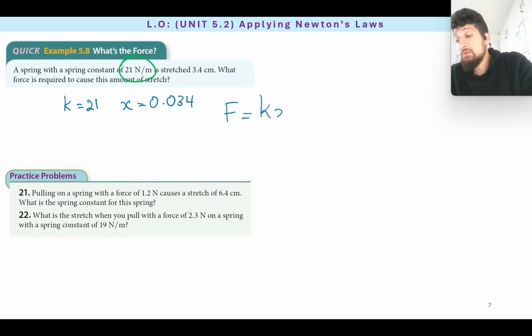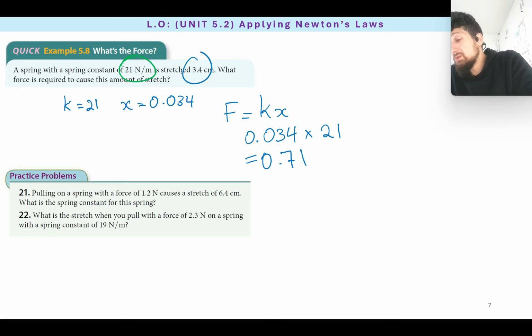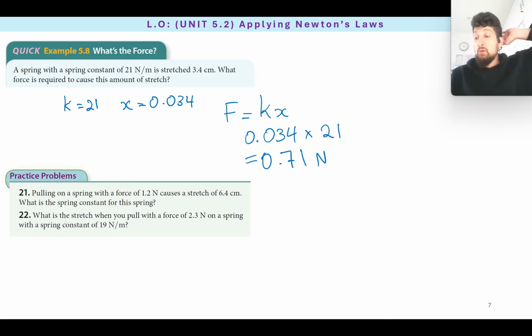Really easy stuff. So the force is going to be, you don't even have to move things over to the other side. It's 0.034 multiplied by 21, which is about 0.71. We're working with two significant figures. So let's keep it at that. And we have worked out the force, in newtons.